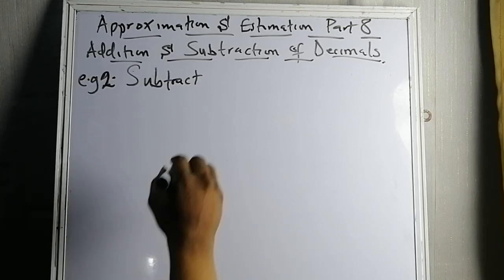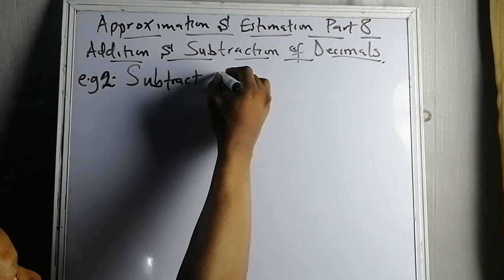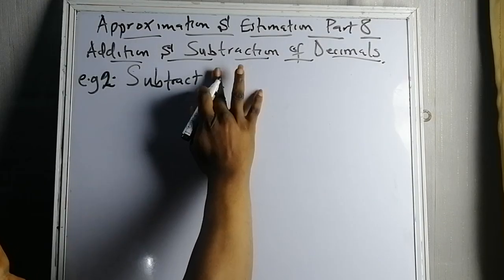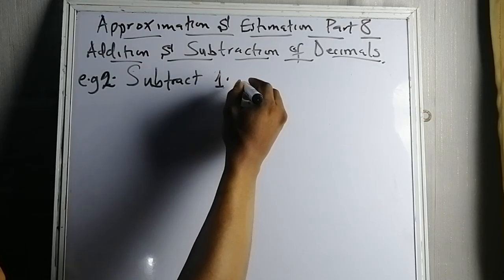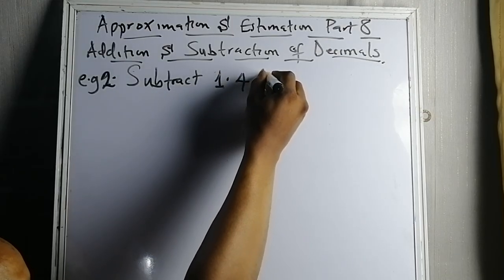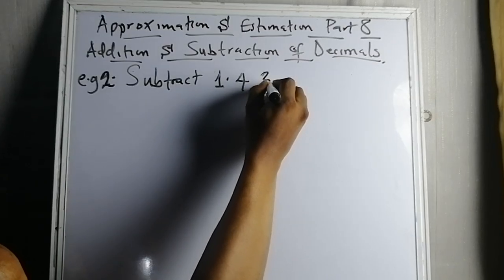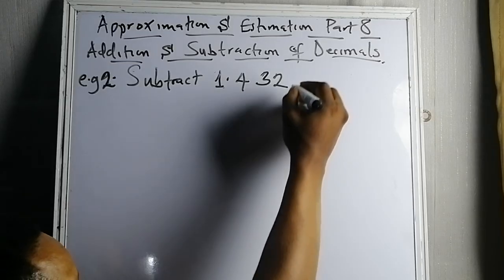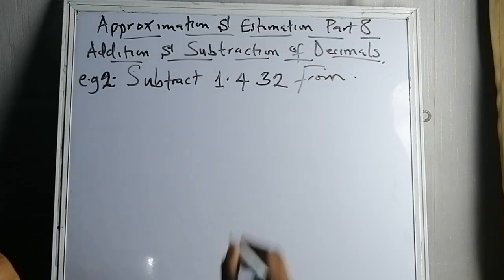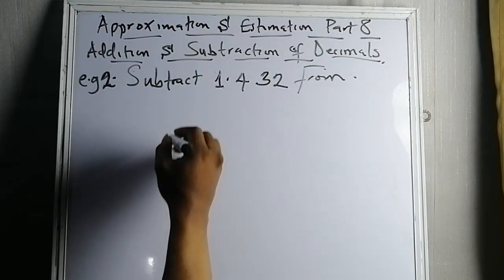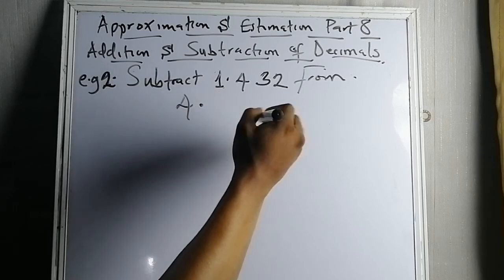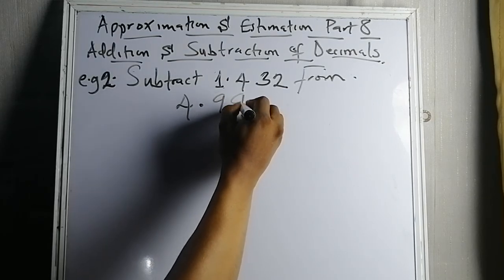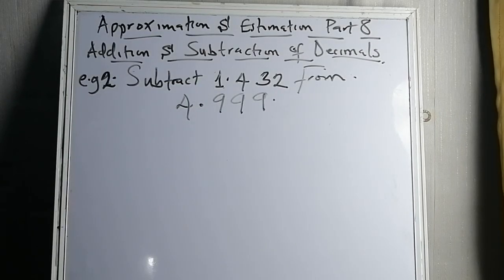Subtract 1.432 from 4.999. For that example, we'll still do 1 or 2 examples here to also buttress addition and subtraction.